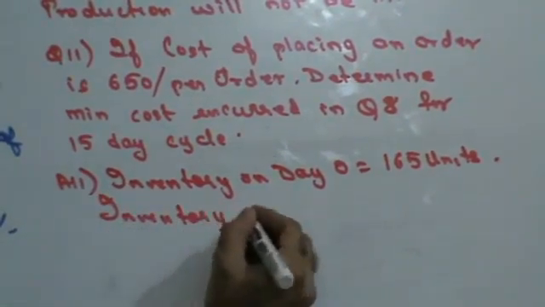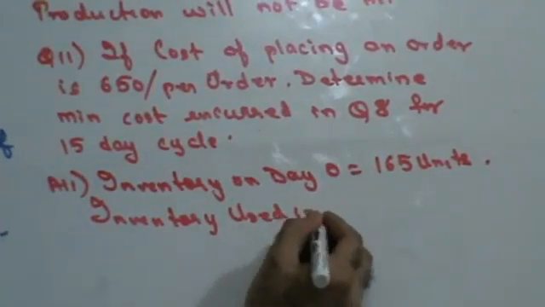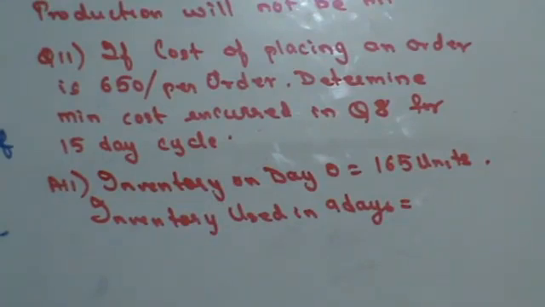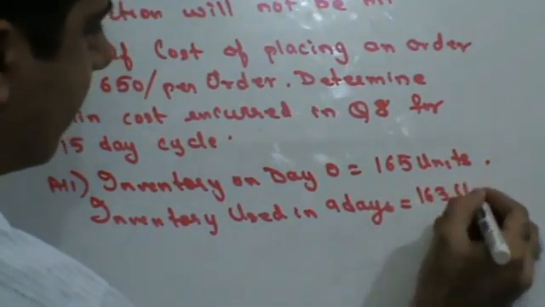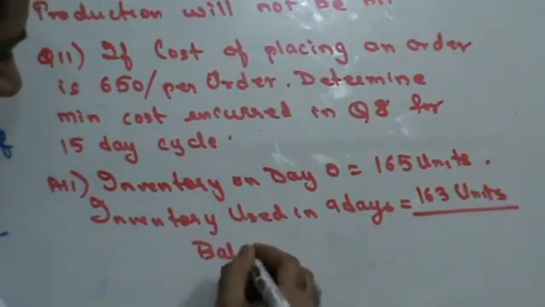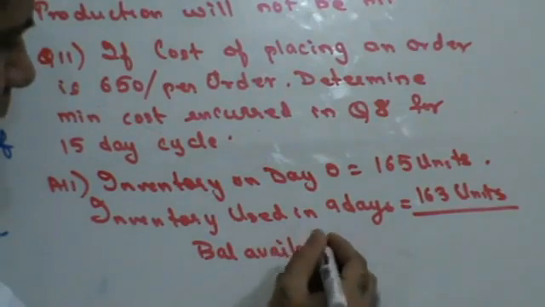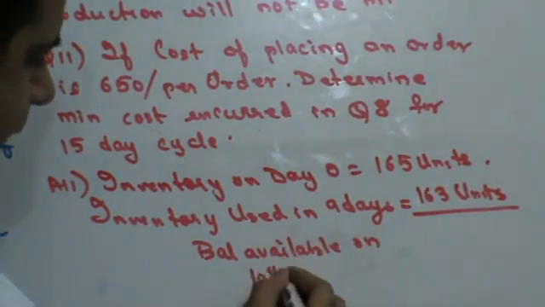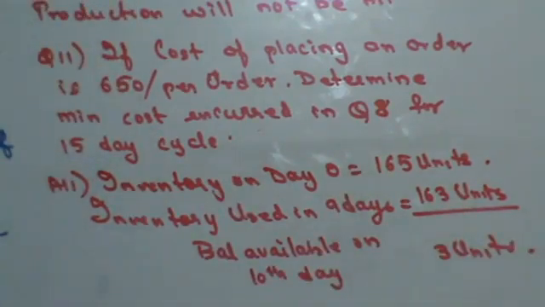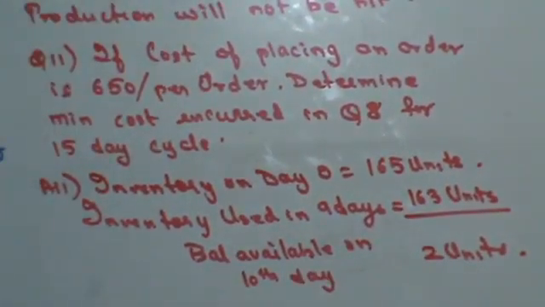Inventory used in 9 days is 163 units. So balance available on 10th day is 2 units. Now, the question is, on 10th day I require 20 units. So I will not be able to do my production.